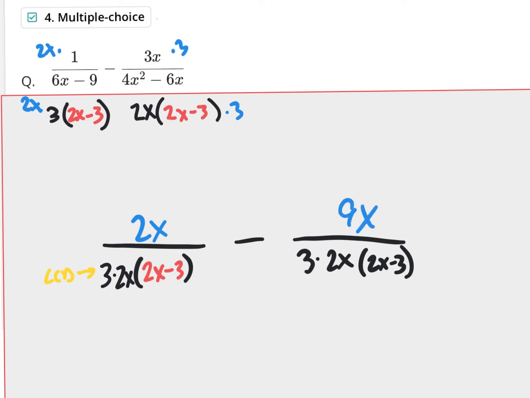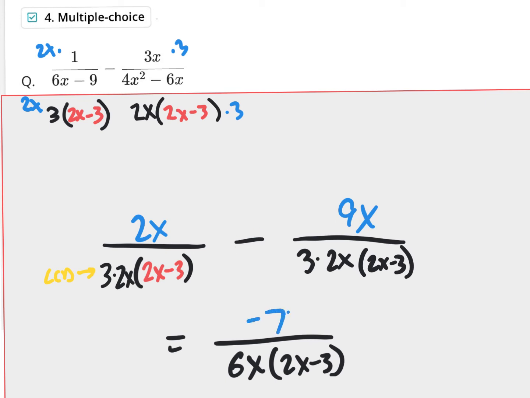So now that we have an LCD, we could actually do 2x take away 9x and write that over the denominator, the LCD of 6x times 2x minus 3. So my answer will be over 6x times 2x minus 3, okay? And what is 2x take away 9x? Negative 7x, right?